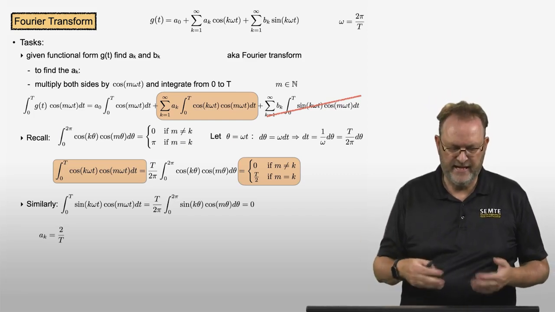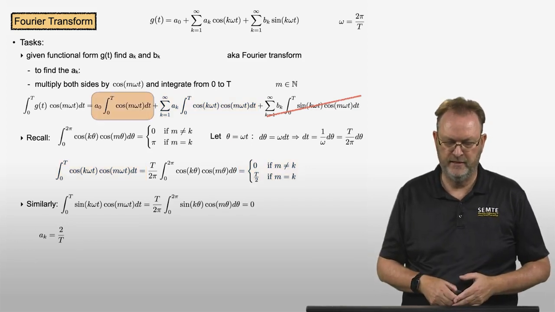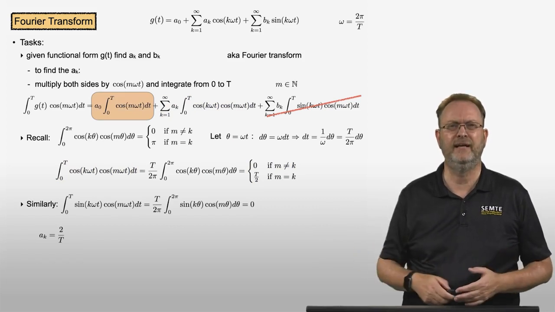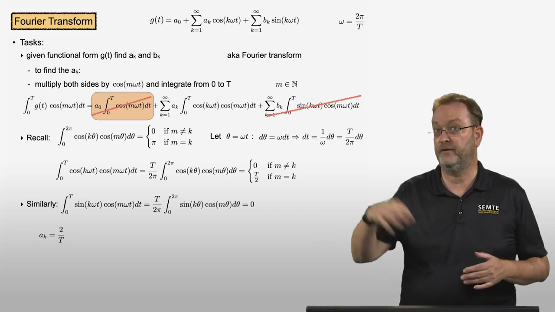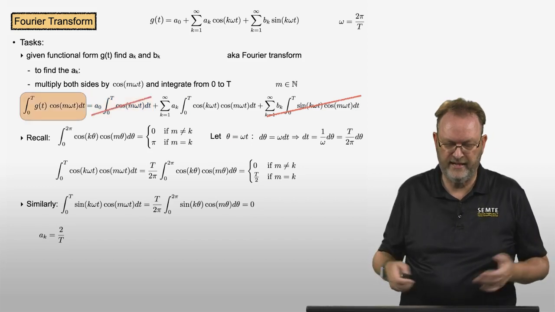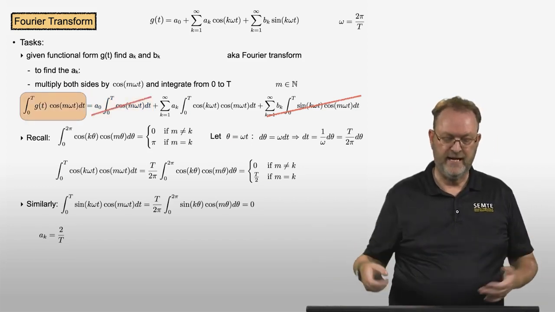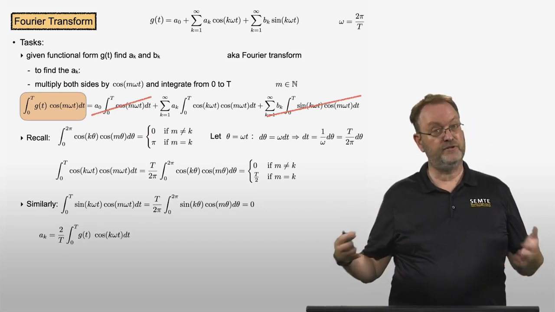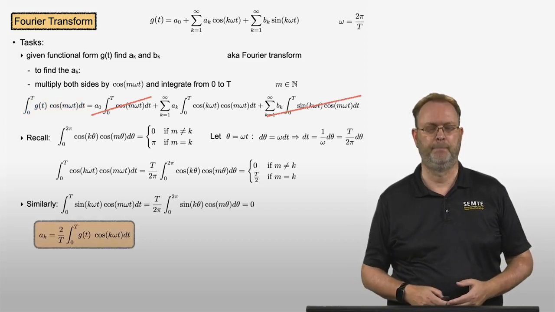That gives me that a sub k is equal to 2 over the fundamental period. And the a naught times cosine term we saw before is always 0 as well if I integrate over the fundamental period. So what I have left is that a_k is equal to 2 over T times the integral from 0 to T of g of t cosine of k omega t dt.